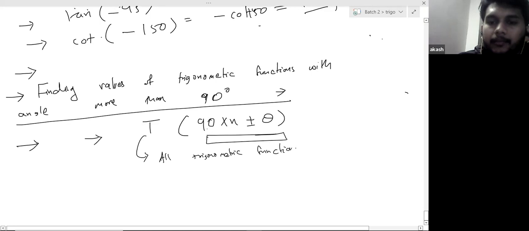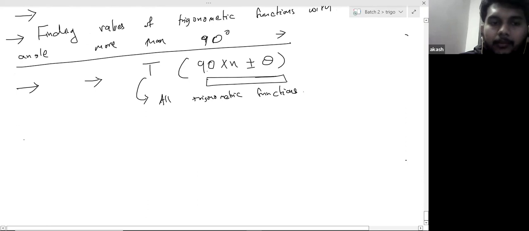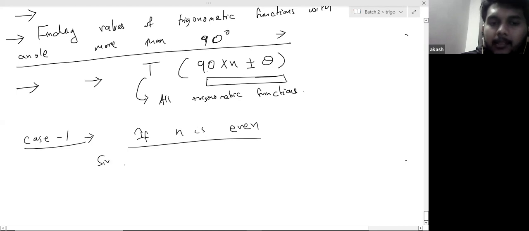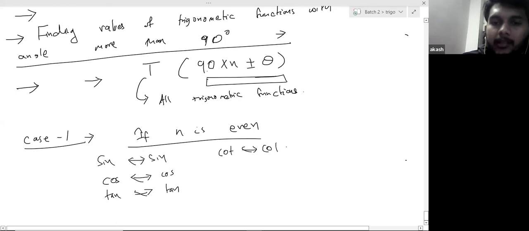Now, case 1. If n is even, then sine remains sine, cos remains cos, tan remains tan, cot remains cot. Write it down, I'll explain.